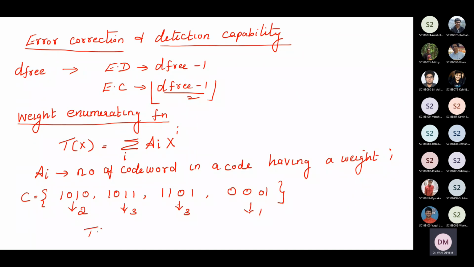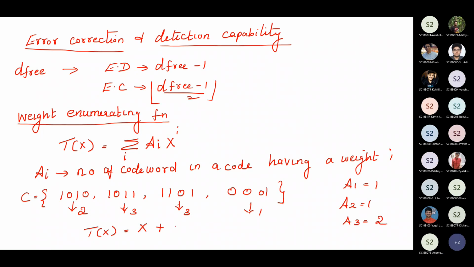Then the weight enumerating function for this code is T of x is equal to, i starting from 1. The number of code words having weight 1 is only 1, so it is 1 into x power 1, plus weight 2, only one code word. So A1 is 1, A2 is 1, and A3, the number of code words having weight 3, will be 2. So it is x plus x square plus 2x cube.